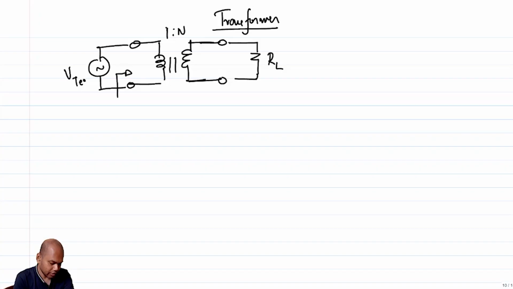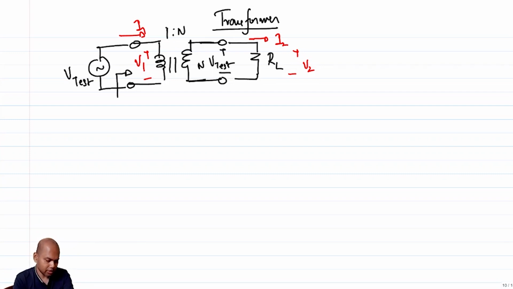If this is V test, and it is 1:n, what will be the voltage across this secondary port? So this will be n times V test. Let me call this V1, and let me call this I1, let me call this V2, and let me call this one I2, okay?